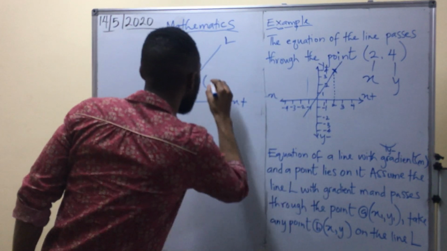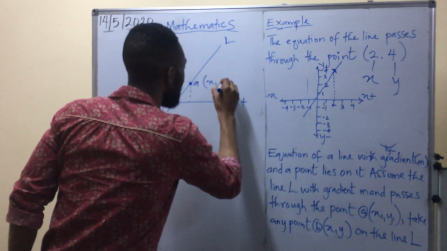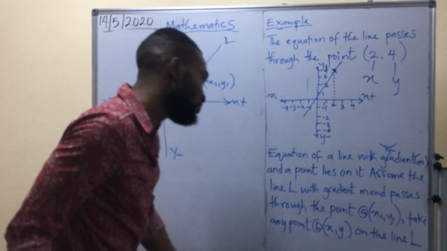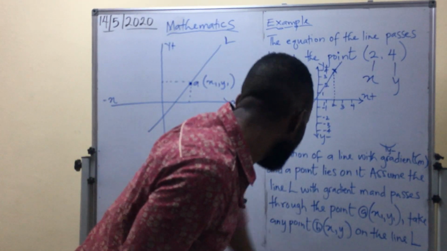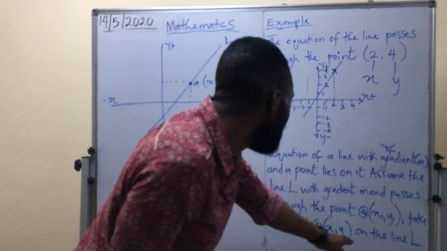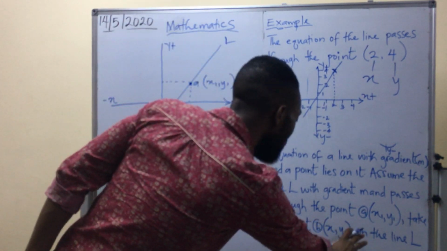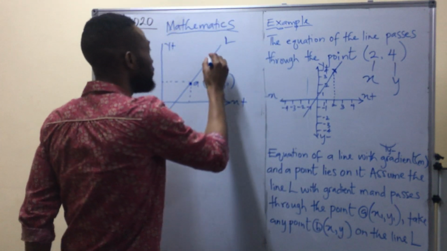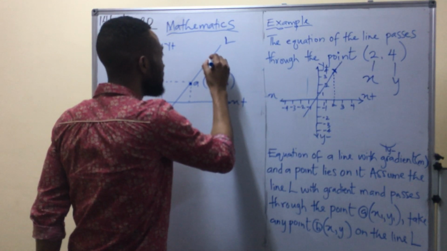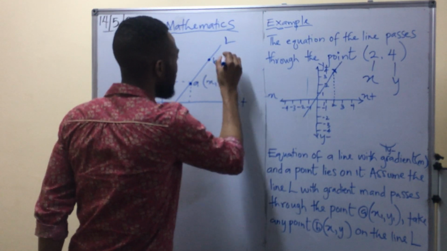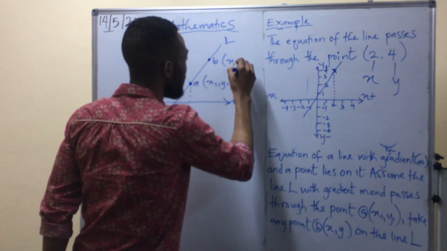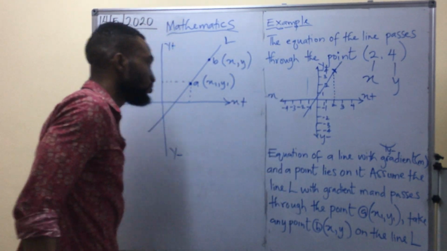We have x1, y1. Take any point B, that is (x, y), on the line L. That is, we take another point, which is B, with coordinates x and y.